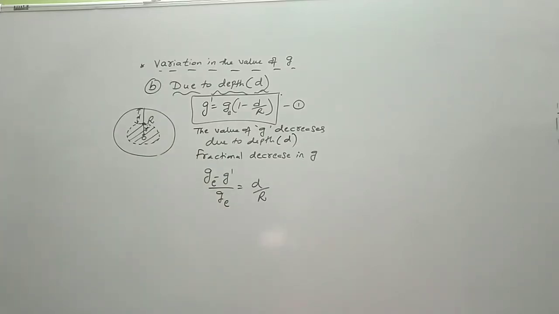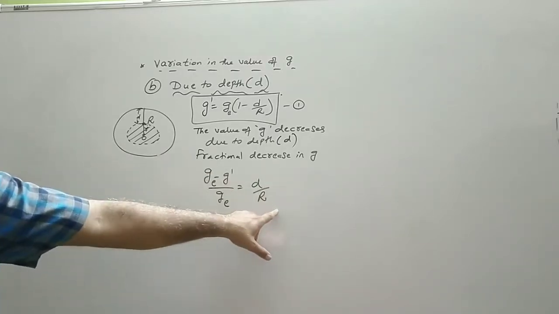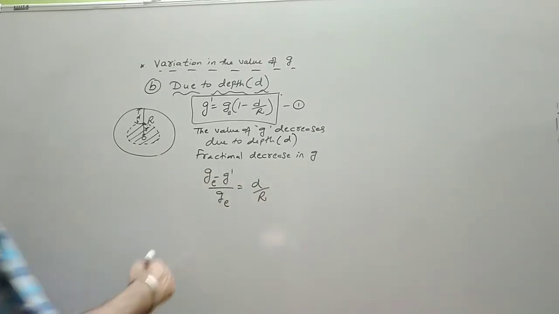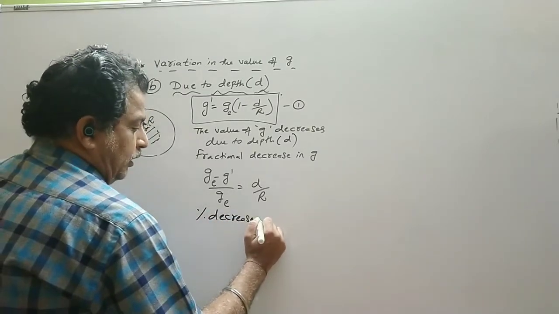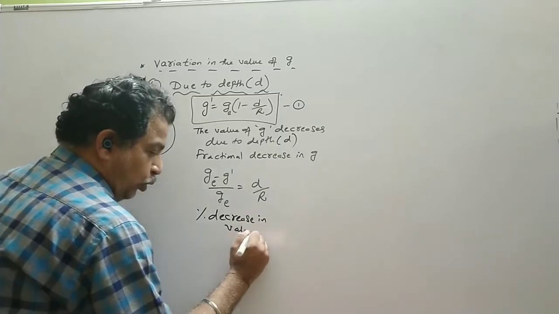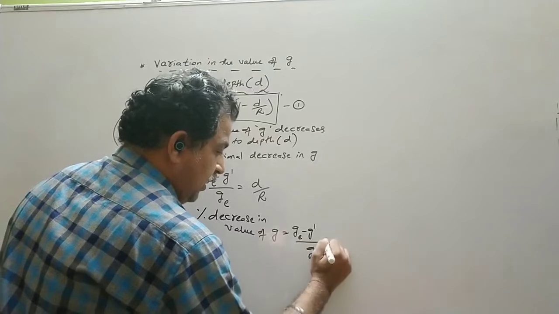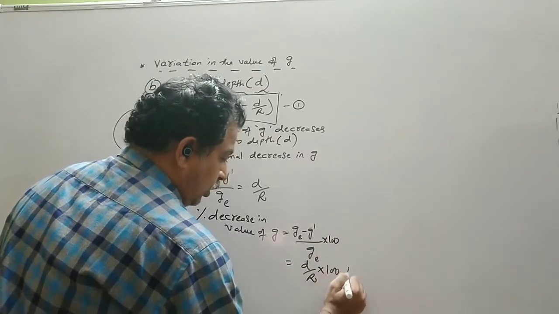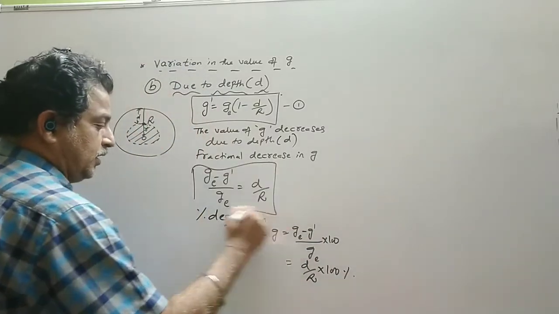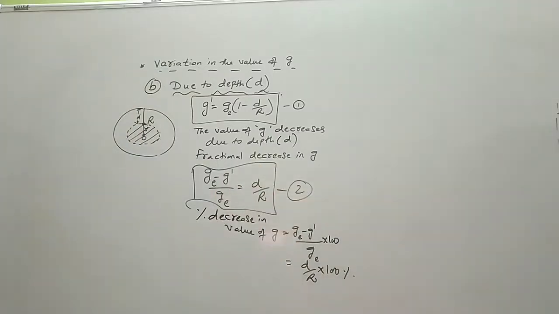So we have (ge minus g dash) upon ge is equal to d by R. Similarly, if we want to find out the percentage decrease, so percentage decrease in the value of g is (ge minus g dash) upon ge into 100, that is d by R into 100%. So this is the fractional decrease, and if you multiply both sides by 100, you will get the answer as the percentage decrease.